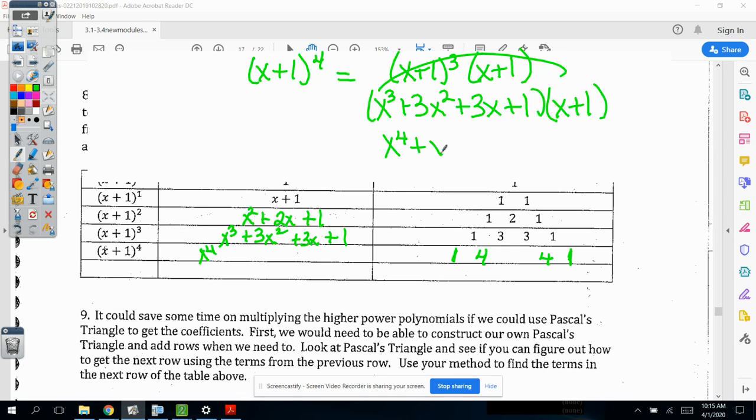Plus x cubed plus 3x cubed plus 3x squared. What did I mess up here? X to the fourth plus x cubed plus 3x cubed, there it is, plus 3x squared. Okay, now I'm here. Plus 3x squared plus 3x plus x plus 1.